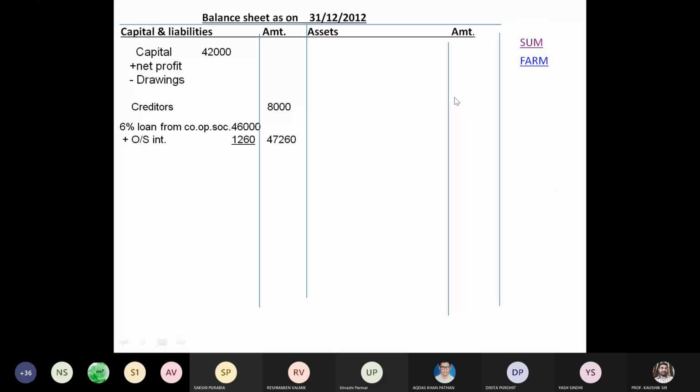Livestock opening plus purchase, sales, so 40,500. We will compare this amount to the closing balance.